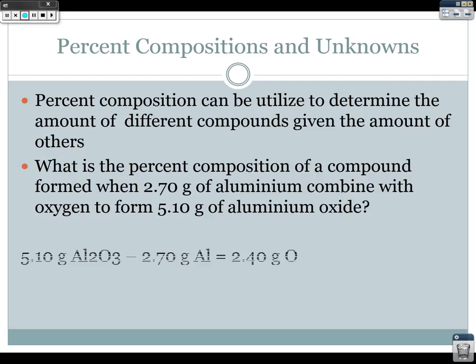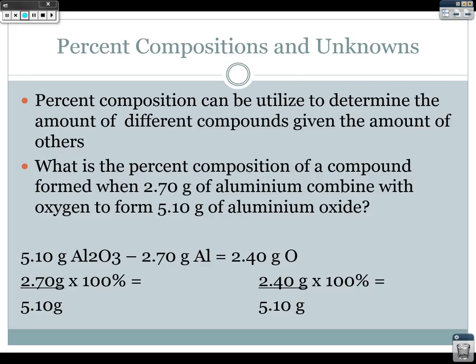Here, I'm asking you to figure out the actual percent composition, not necessarily the percent mass, but it's the same process. So I know that I form 5.10 grams of aluminum oxide, and I know that 2.70 grams of that aluminum oxide is straight up aluminum, so the rest must be oxygen. So if I take 5.10 and subtract out 2.70, I get 2.40 grams of oxygen.